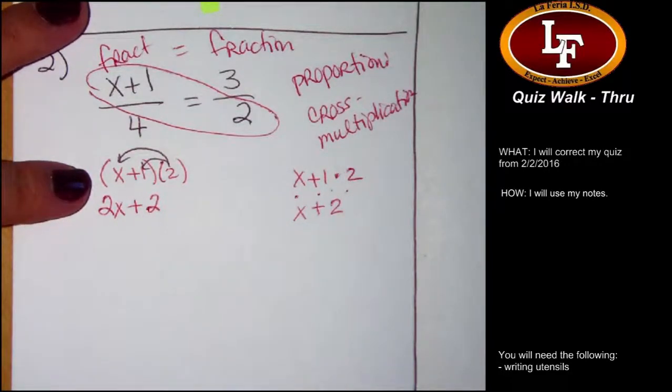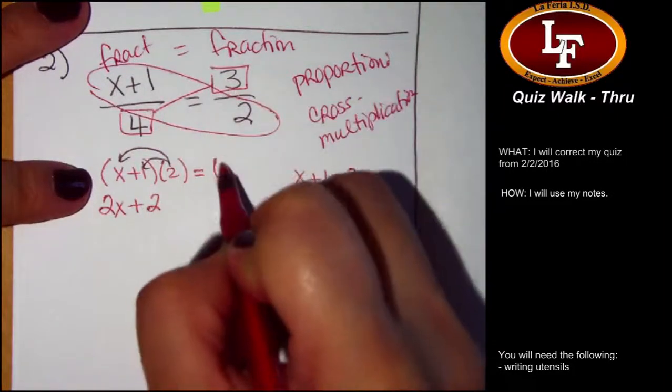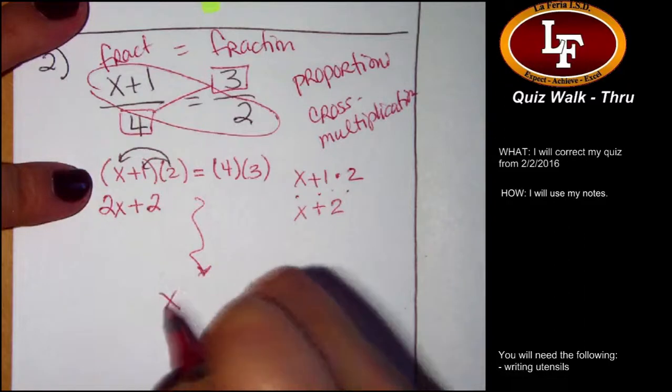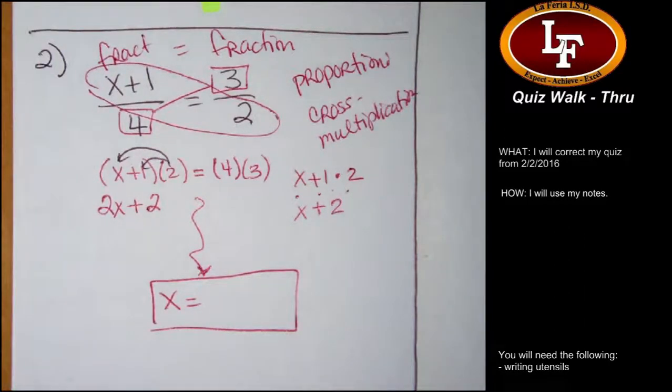And notice there's a big difference between those two expressions. So take a moment, solve this down, get an x equals something number. Let me see your algebra work step by step.